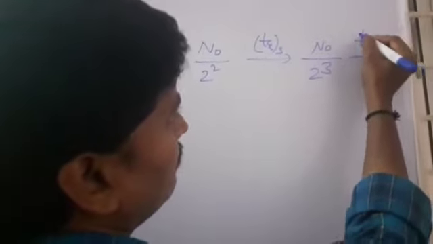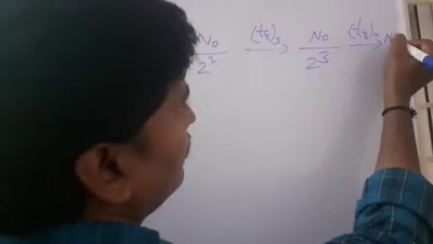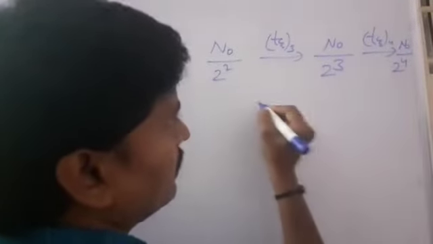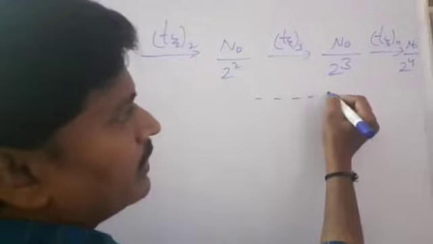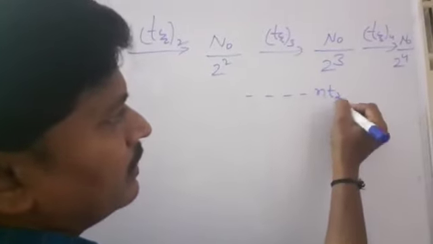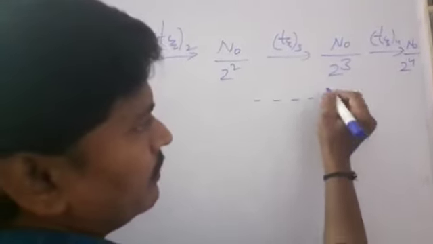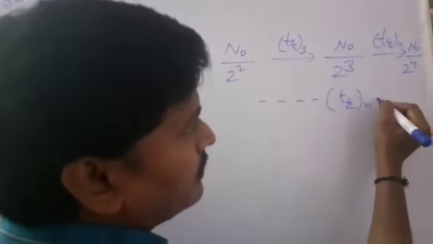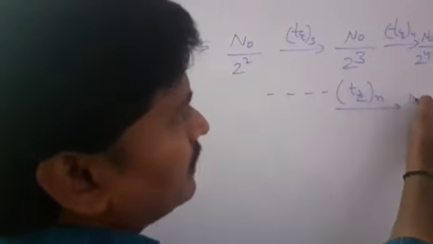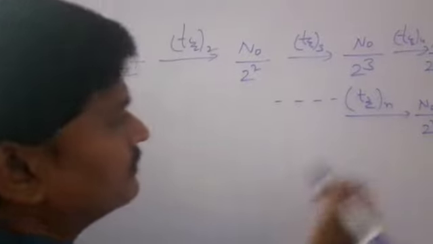After the fourth, it is N naught by 2 to the power of 4. Like this for n half-lives, it is 2 to the power of n.